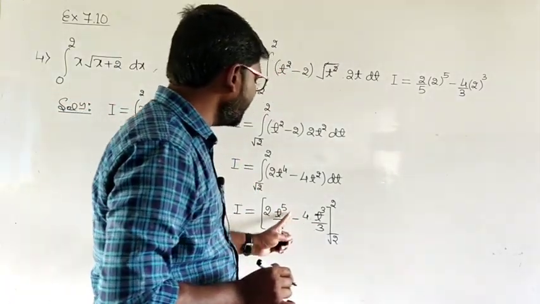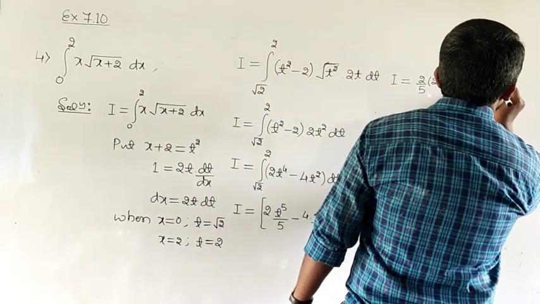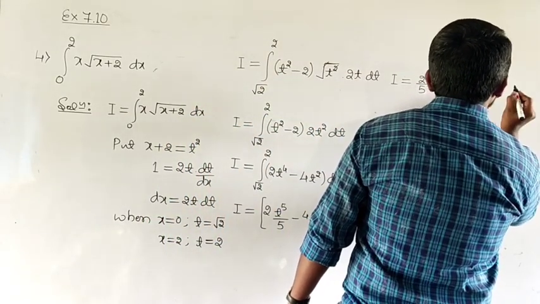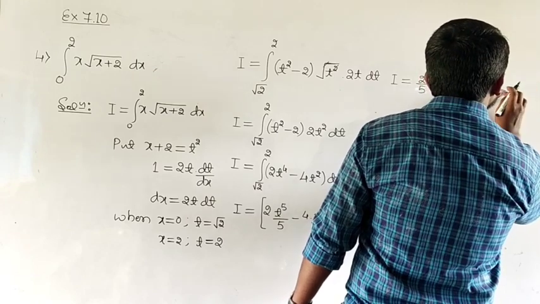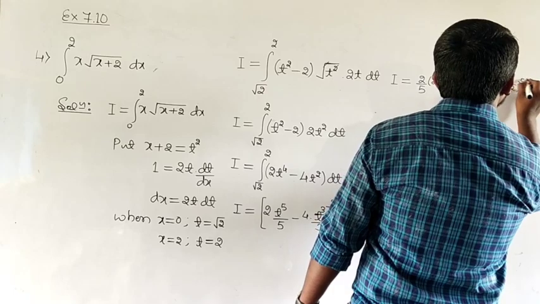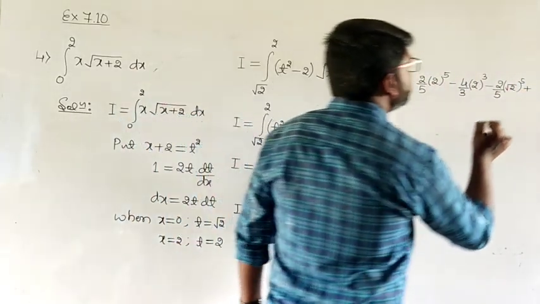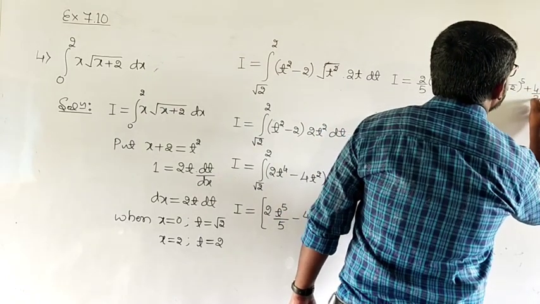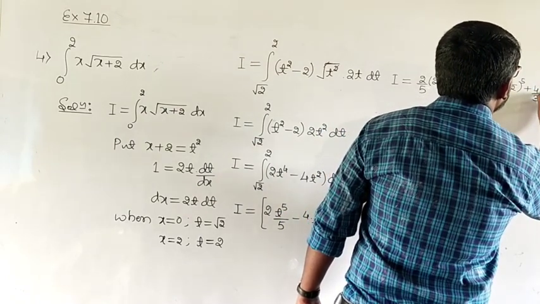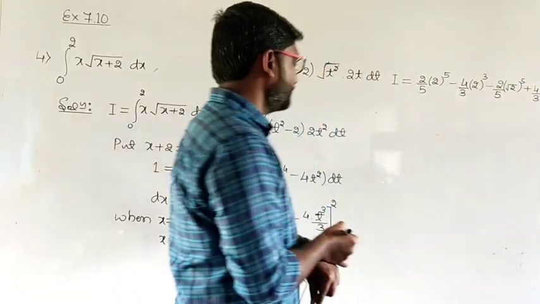In place of t, I have to write root 2. So minus 2 by 5 root 2 to the power 5, then plus 4 by 3 root 2 to the power 3.